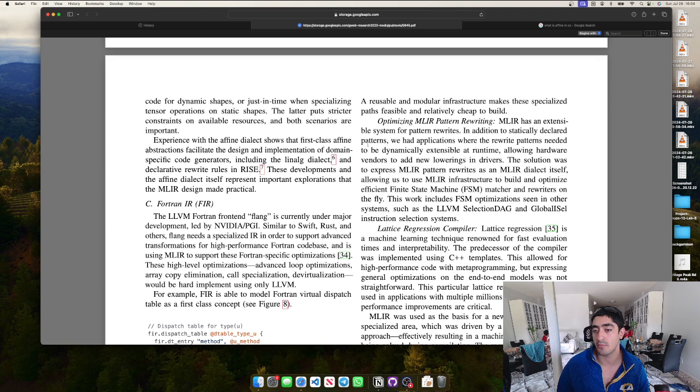Optimizing MLIR pattern rewriting. MLIR has an extensible system for pattern rewrites, in addition to statically declared patterns. We had applications where the rewrite patterns needed to be dynamically extensible at runtime, allowing hardware vendors to add new lowerings in drivers.